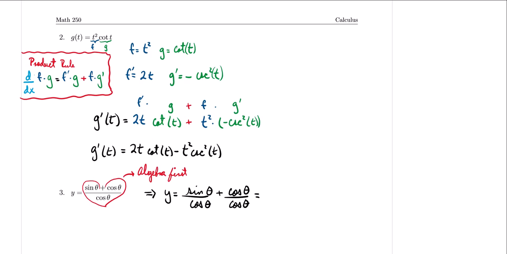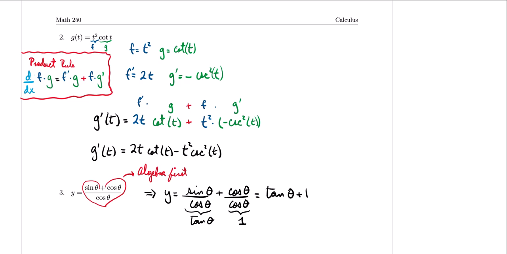And I do notice a couple of things here. For starters, I'm dividing a cosine by a cosine, which is just going to give me a 1. But I also see a sine over cosine, which I recognize as my tangent function. So y is actually simply tangent of theta plus 1.